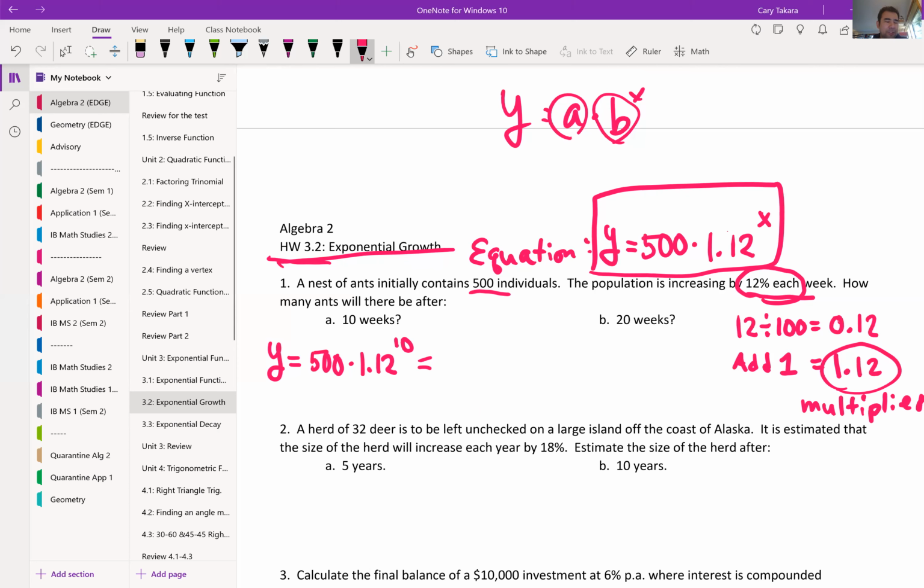If you are using your cell phone calculator, is anybody doing that? It's always a little bit tricky if you use this type of calculator. How do I do this? 500 times 1.12? Where is the exponent button there?